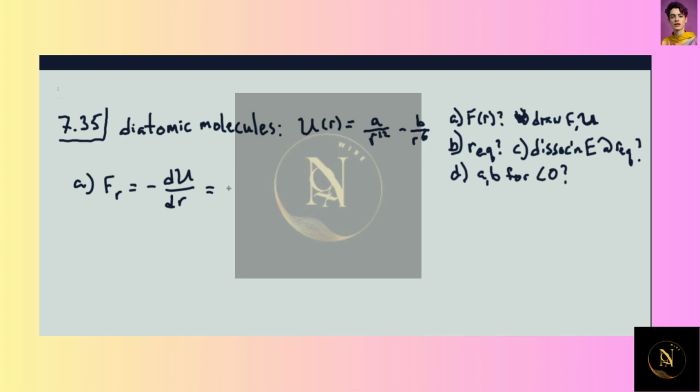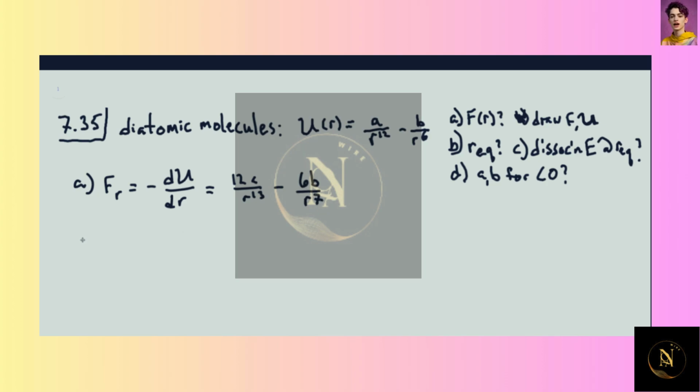So we'll have a negative and then another negative. And so this will be 12a over r to the 13th. And then this will have a negative sign here. We'll get a negative 6 out. And then we'll get another negative sign, so it's negative again. This will be 6b over r to the 7th.